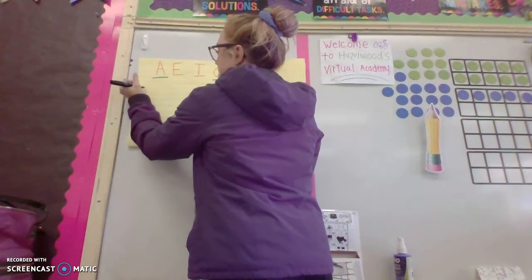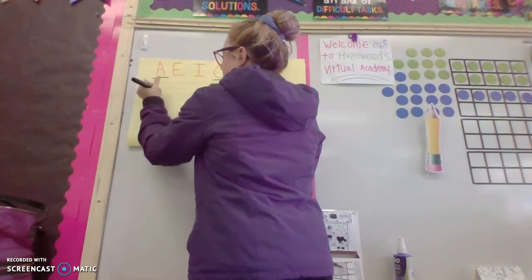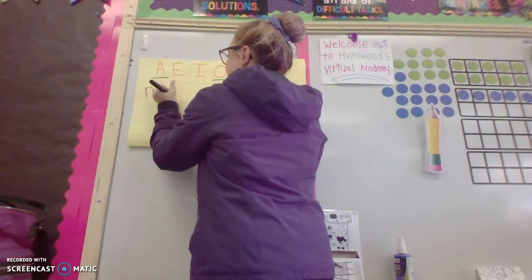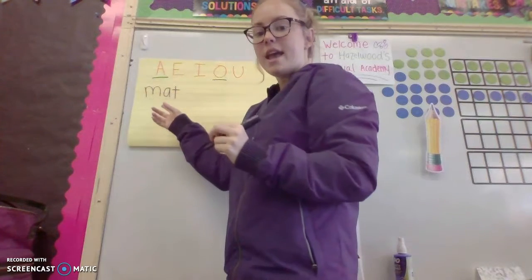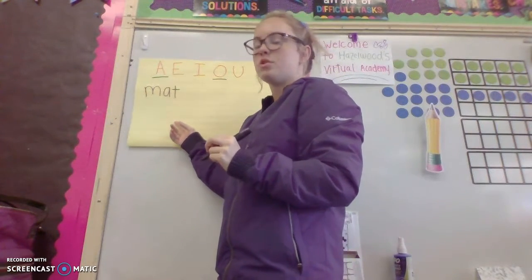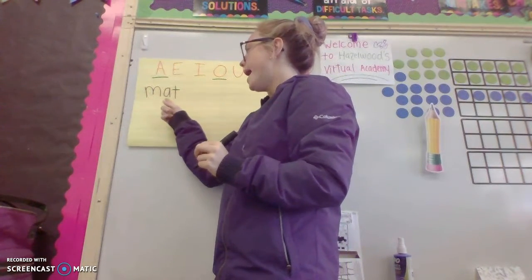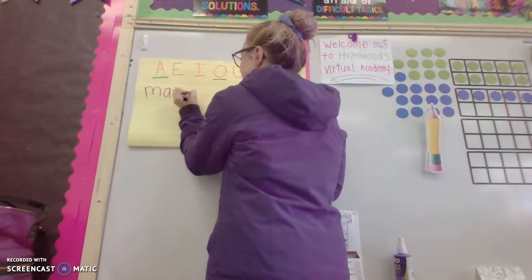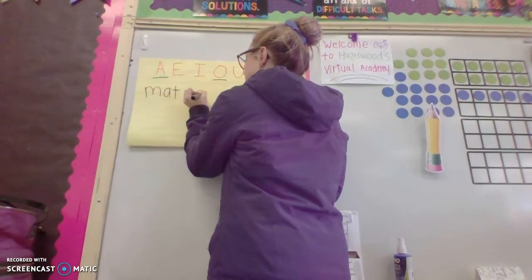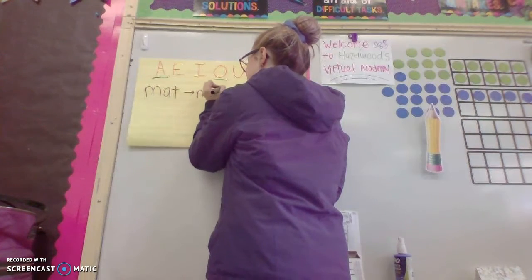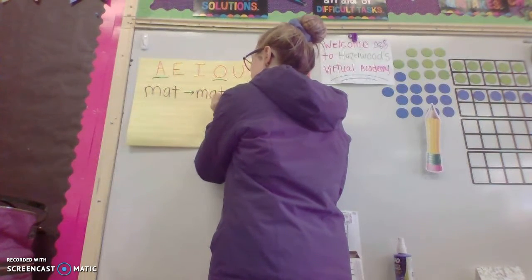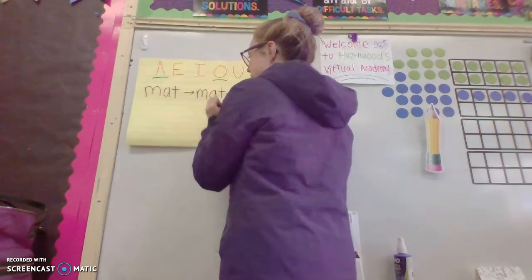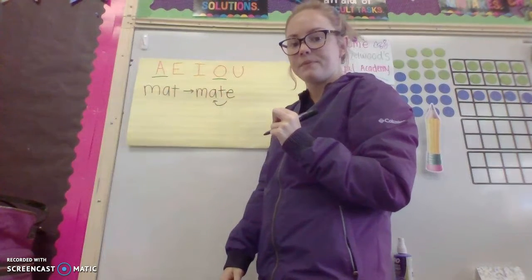So let's start with a word that doesn't have a quiet E. Let's do the word mat. This A makes its sound because there's no quiet E. M-at, mat. Let's add a quiet E and see how it changes that word. Now that E is going to kick that A and make it say its name.